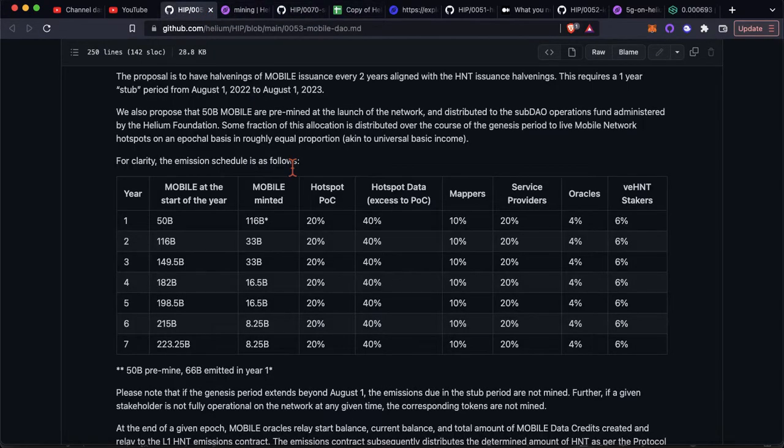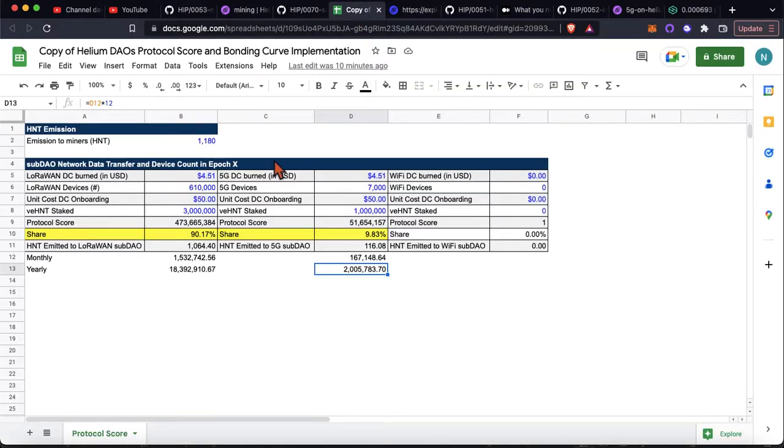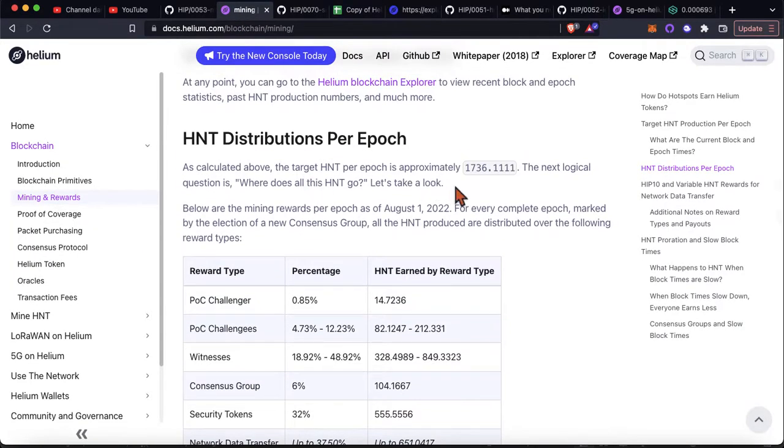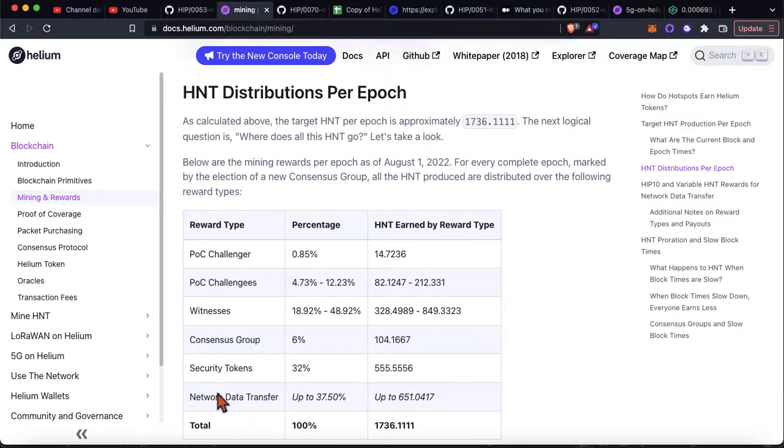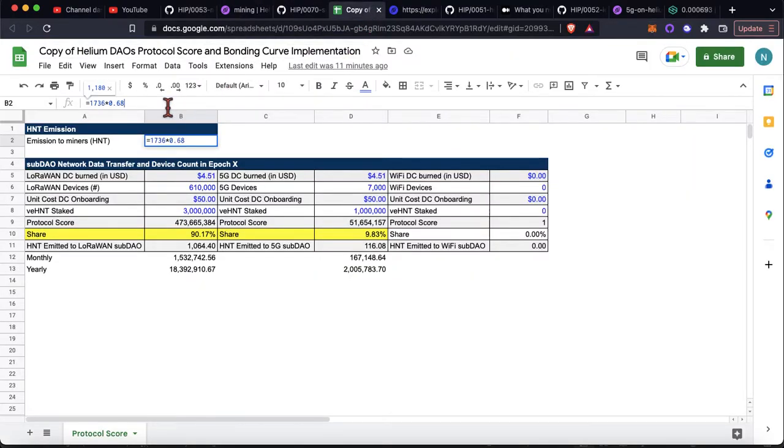Coming to miners, this HNT per epoch is about 1736, but not all of that gets to miners. Some of that goes to security tokens. So what's coming to miners is about 68% of the emissions, which is about 1180 HNT.